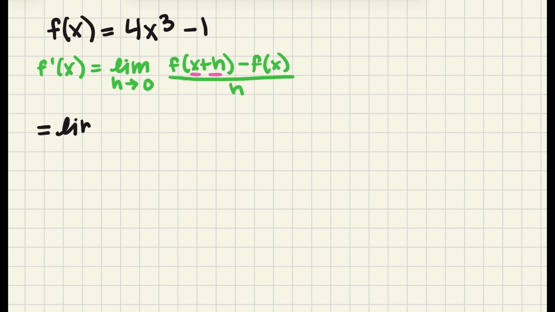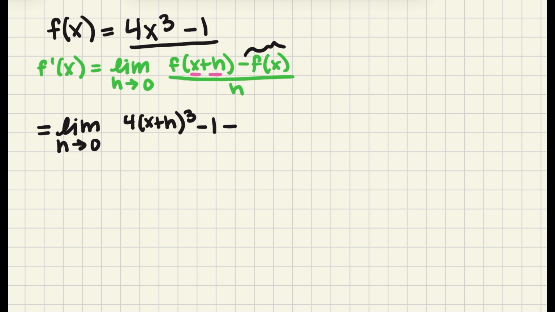The limit as h approaches 0 is 4 times x plus h cubed, minus 1, minus f of x, don't forget, which is just our original function, which is 4x cubed minus 1, over h.